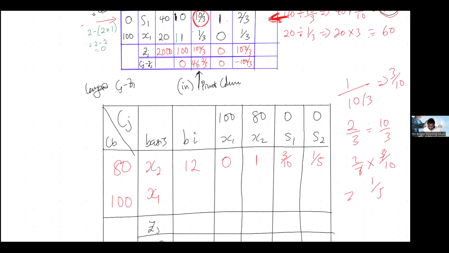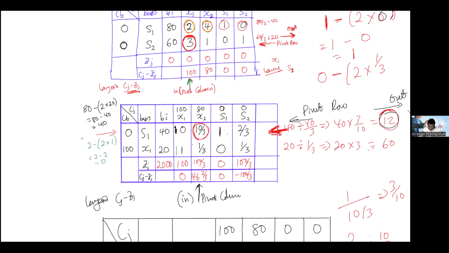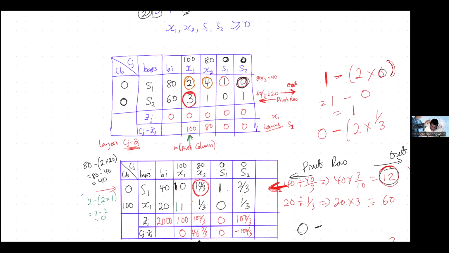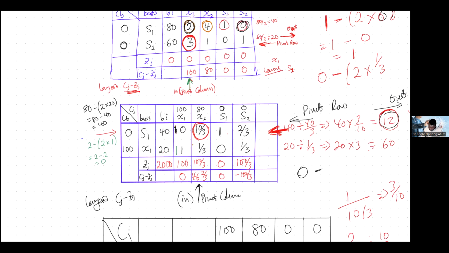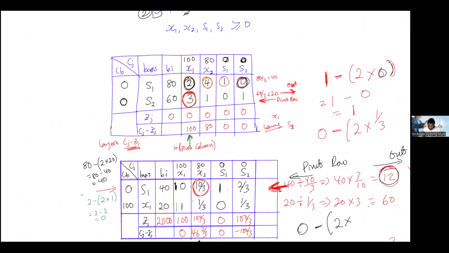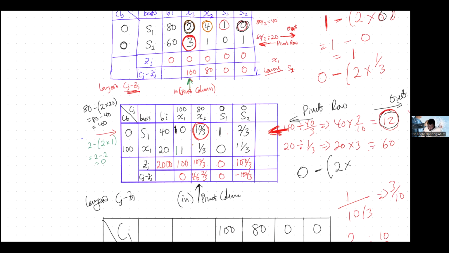Yes, so here, I think we made a mistake, right? We missed a sign here. The old number is 0, so 0 minus the corresponding pivot number, which is 2, times the new number here, which is 1 on 3.